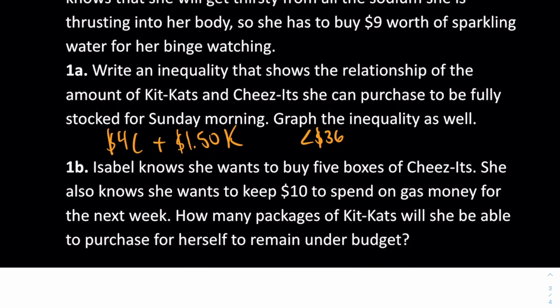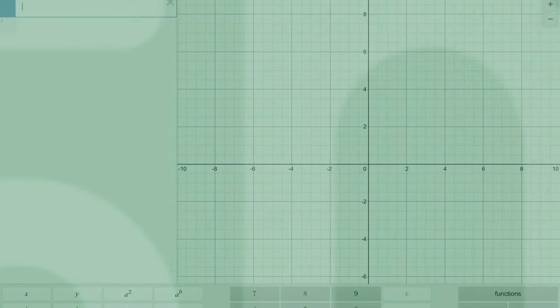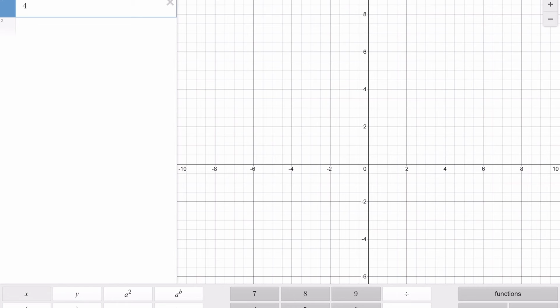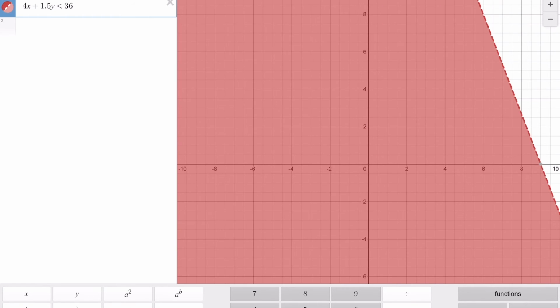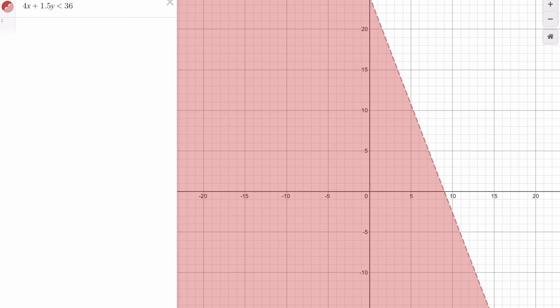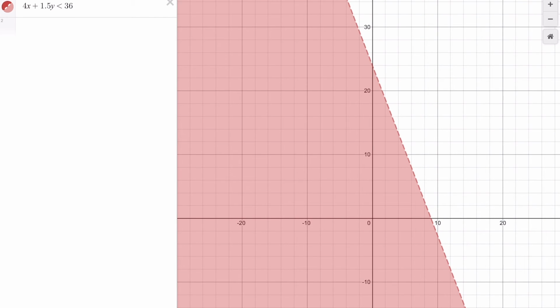Let's use Desmos to graph this. 4x plus 1.5y is less than 36. Okay, there's my graph. Let's see if I can... I can't.